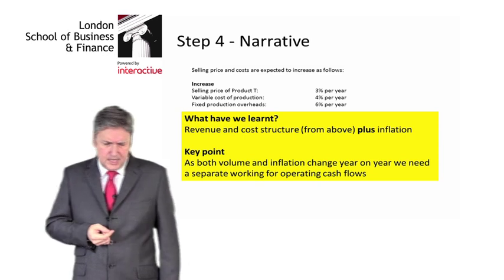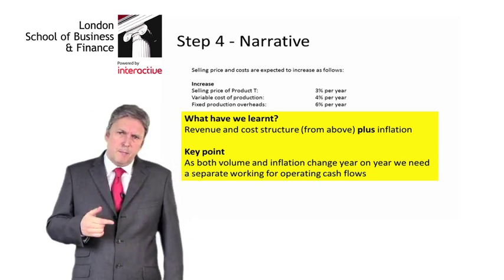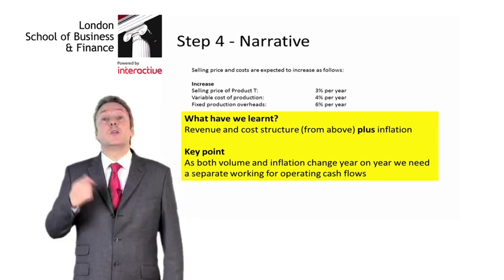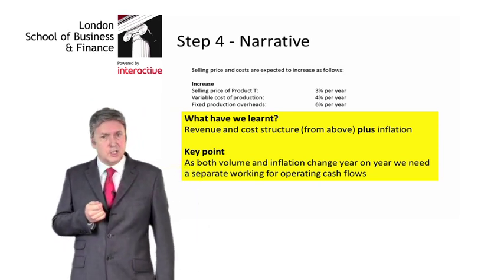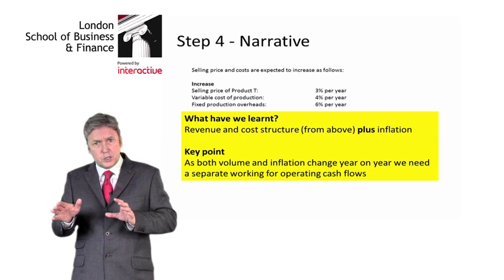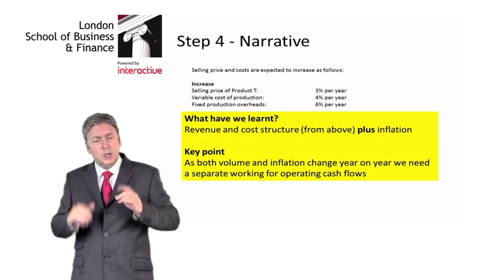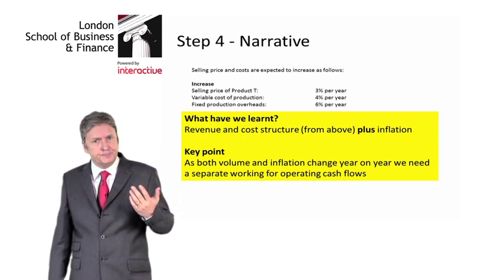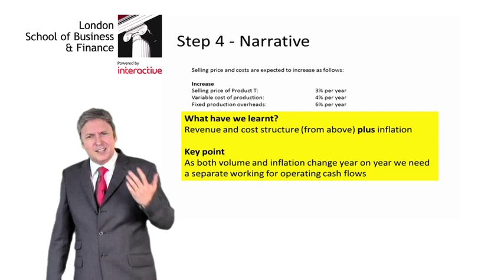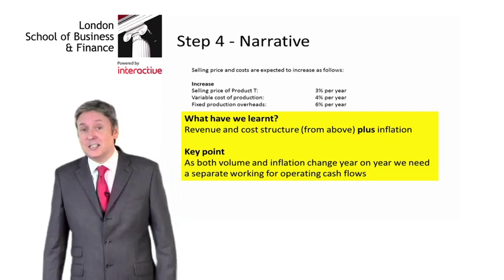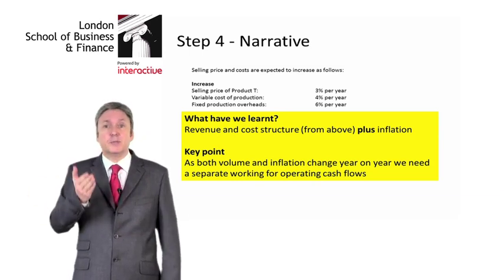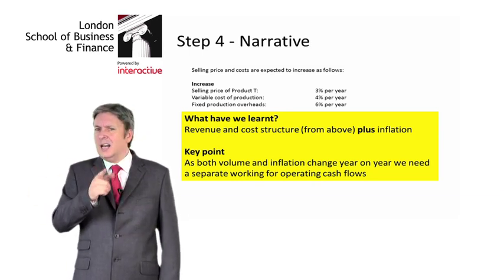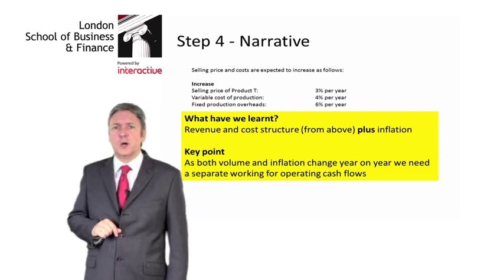Now let's look at the detail. Just a moment ago, we talked about the revenue and cost structure, and I said that we've got revenues and costs that are changing due to volume. We also now have inflation. The funny thing is this: inflation is easy to deal with, an uplift each year of, say, 3%, 3%, 3%, unless we have volume to contend with as well.